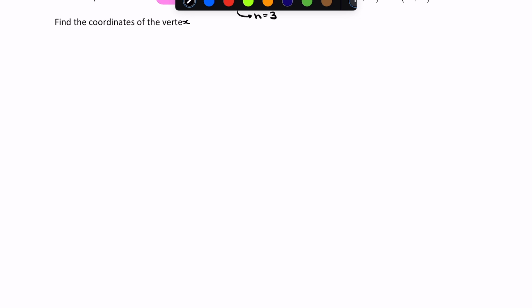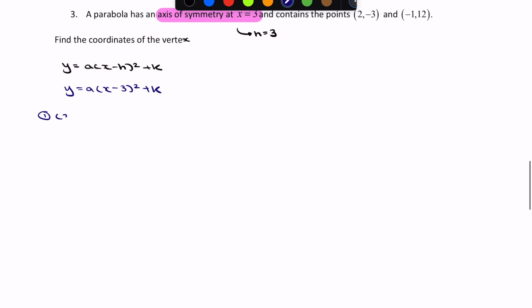And so again, in vertex form, we know that y is equal to a(x minus h) squared plus k. We have the h value here, so we'll sub that in. We get y is equal to a(x minus 3) squared plus k. First equation, we have points 2 and negative 3.